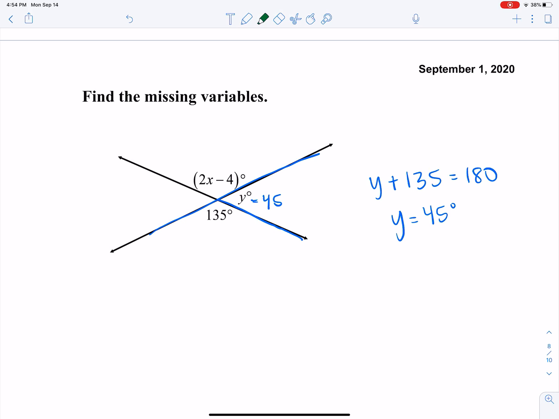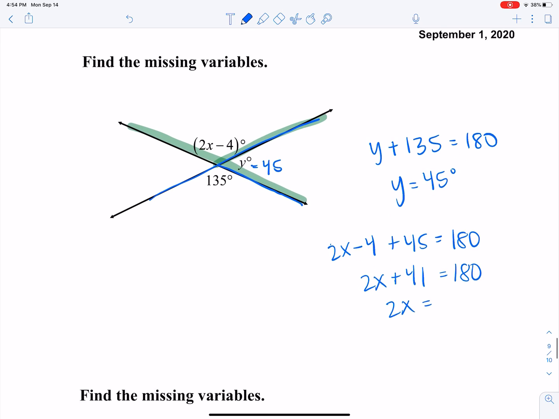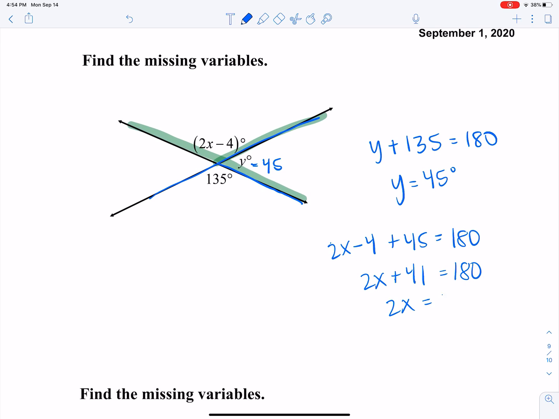And I see another linear pair here. So 2x minus 4 plus 45, those also add up to 180. Let's keep solving.